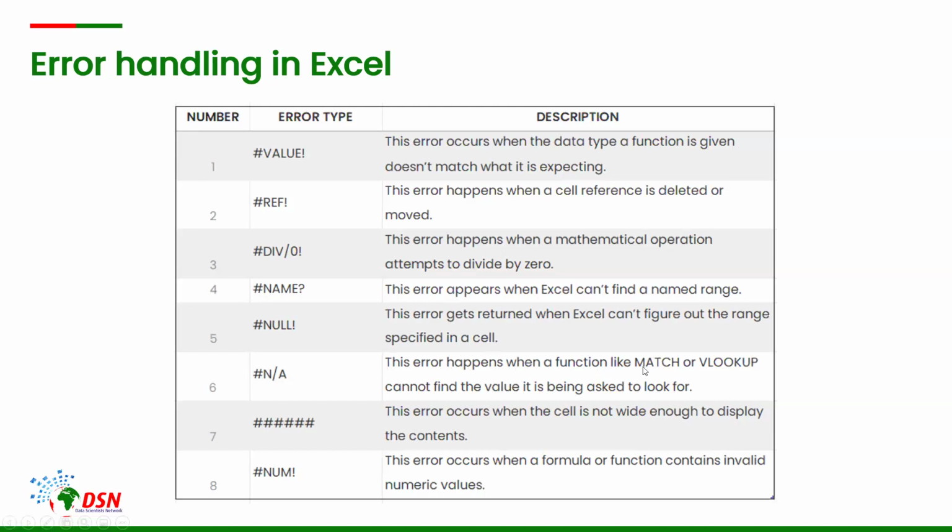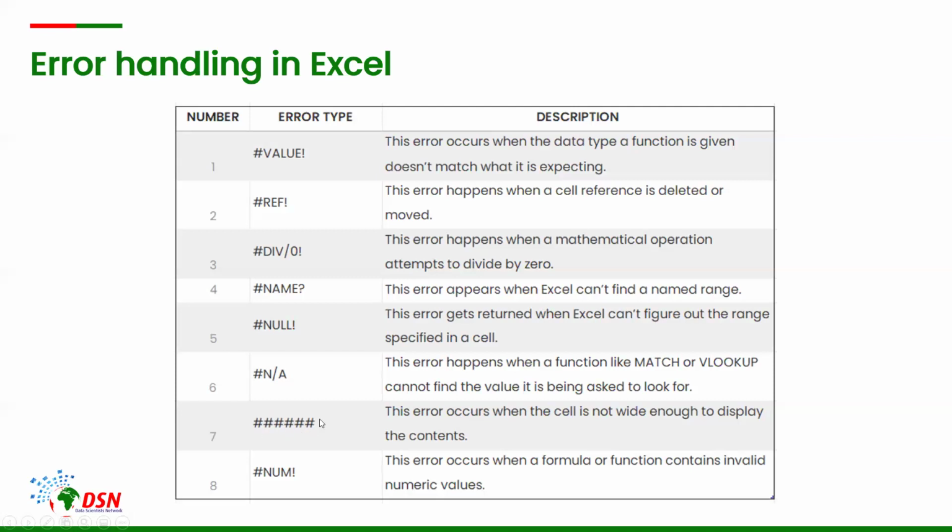This error happens when a function like MATCH or VLOOKUP cannot find the value it is being asked to look for. So it is like not a number or not available. You must be familiar with this kind of sign.